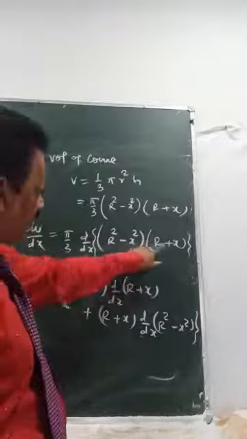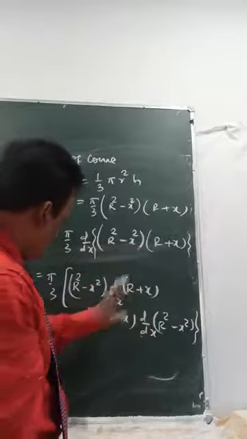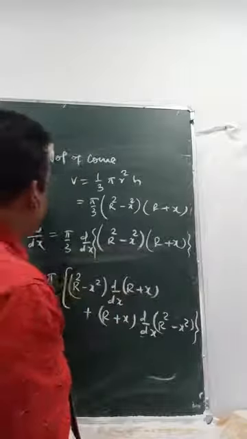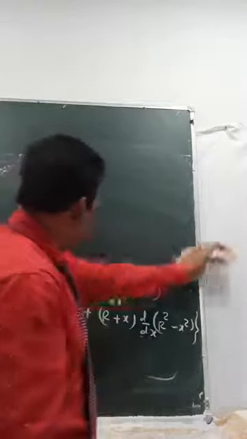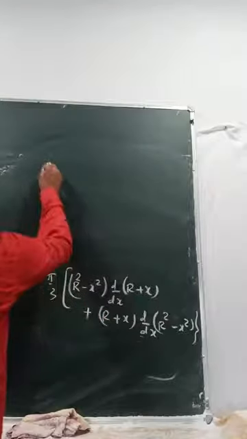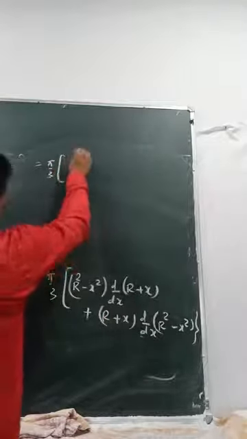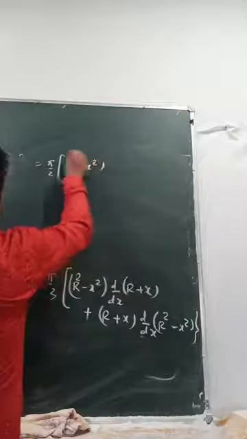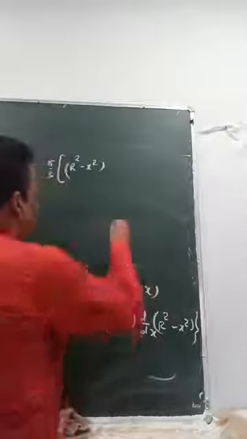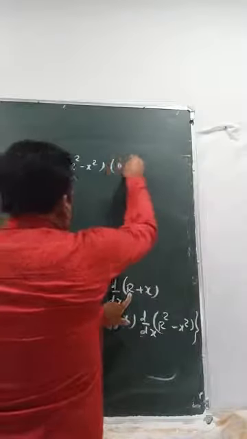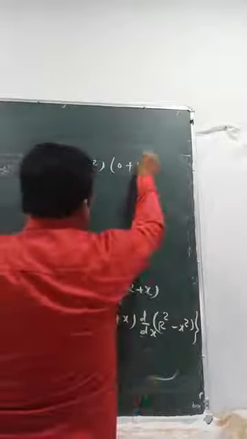First function derivative of second, second function derivative of first. Now let's find the derivative. What will you get? Now that is pi by 3 R square minus x square. You are finding dV by dx. So derivative of R is 0. It is constant. ये x with respect to x is 1.